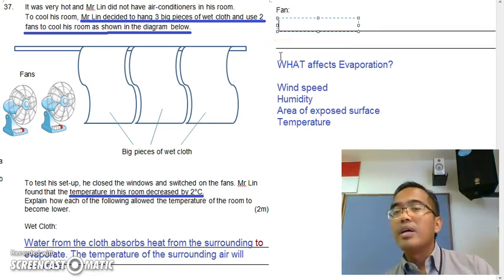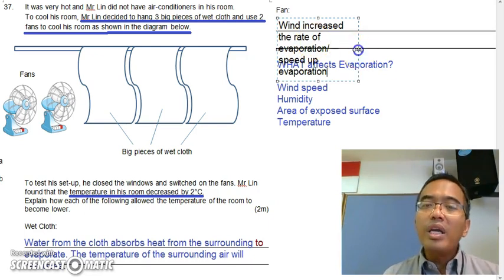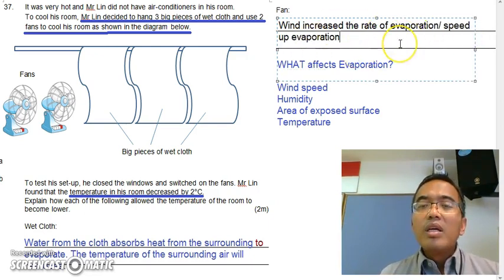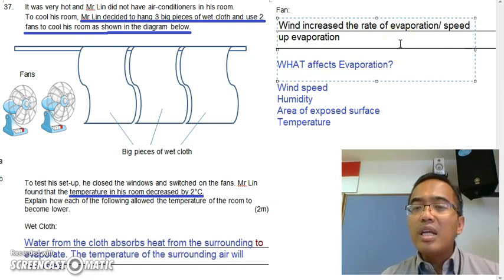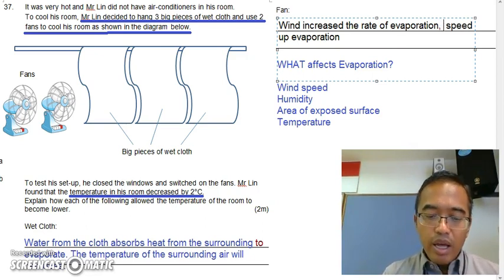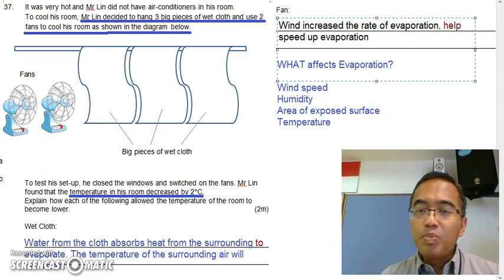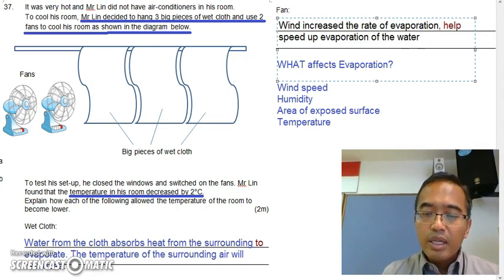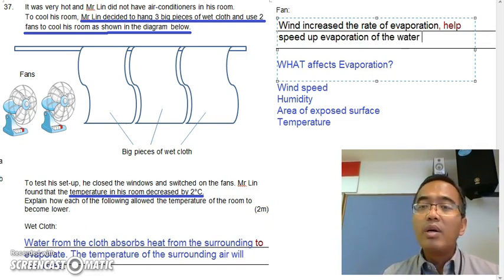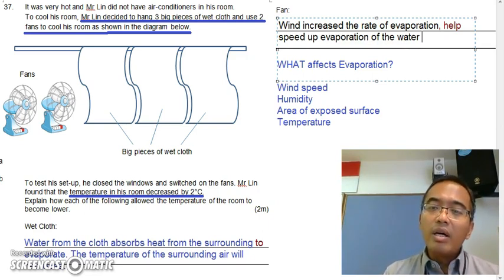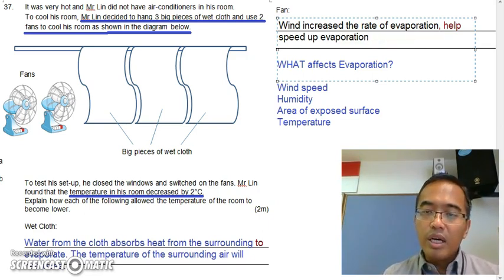The wind increases the rate of evaporation, or helps speed up evaporation of the water. Where? On the wet cloth. Simple?